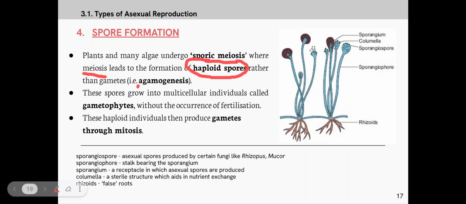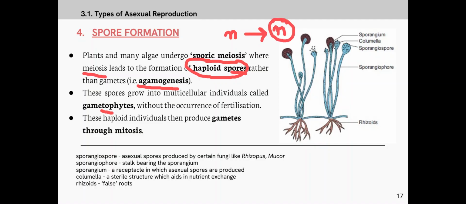It is known as agamogenesis. The spores, when they disperse, grow into multicellular individuals known as gametophytes without the occurrence of fertilization. So the meiotic spore is haploid, and without fertilization, it gives rise to the haploid gametophytic body. These haploid individuals then produce gametes through mitosis.